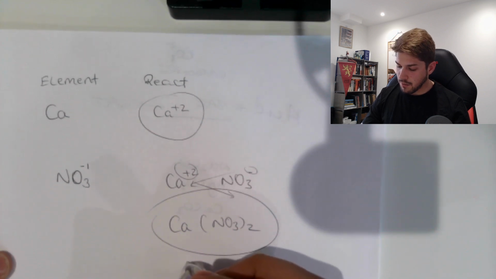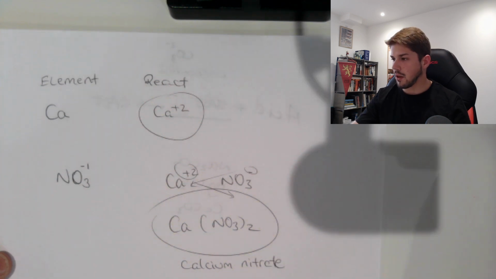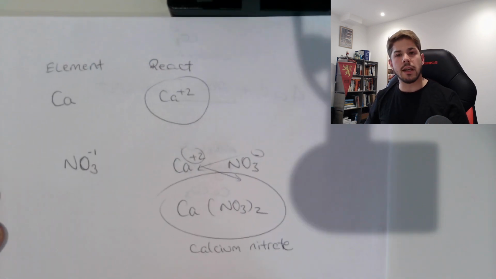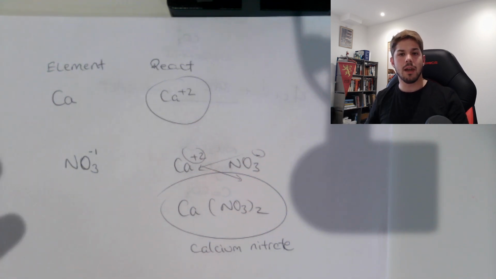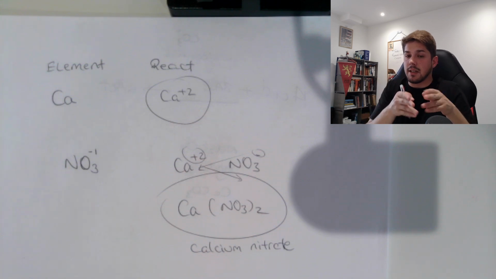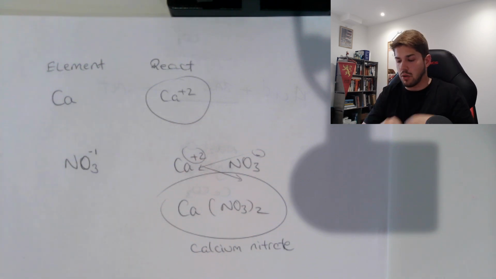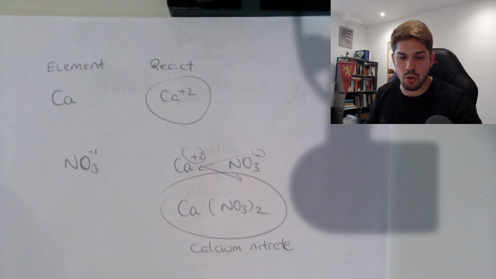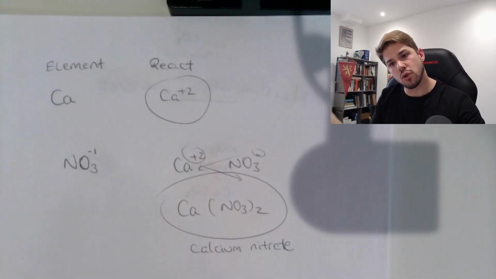This is the chemical formula for calcium nitrate. Okay? The only key in here is to remember which group of the periodic table you can find calcium. Okay? And then you remember that calcium, since it is in group 2, when it reacts, it is calcium plus 2, meaning that calcium loses 2 electrons to react. Okay?